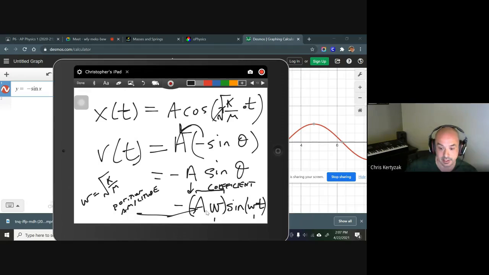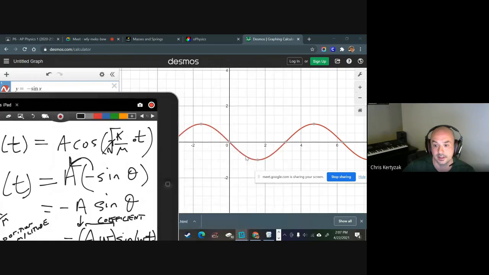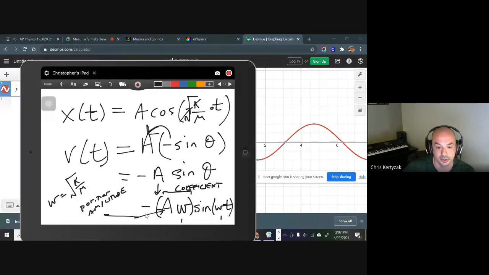So the negative is there because of what we talked about, where it starts out moving leftward in the negative direction. Negative is there, check. A is still our normal position amplitude. If I pulled it out by 5 centimeters, then this would be 0.05, even for the velocity versus time model.